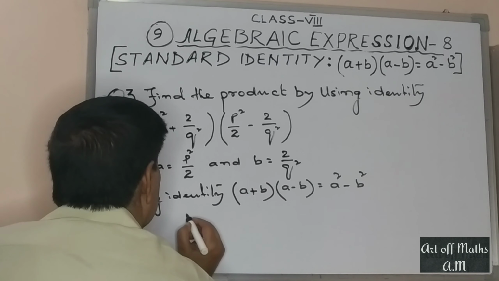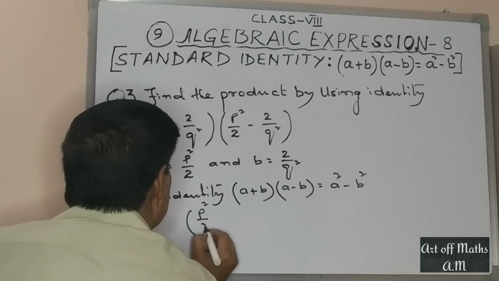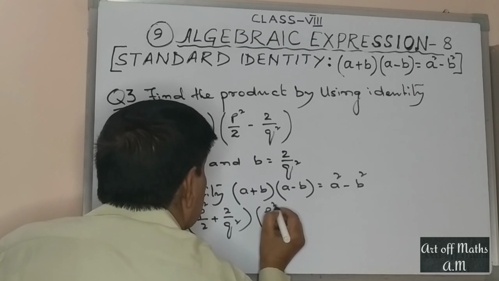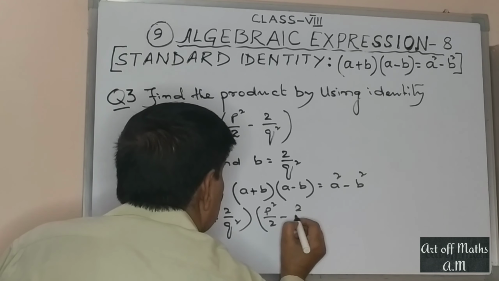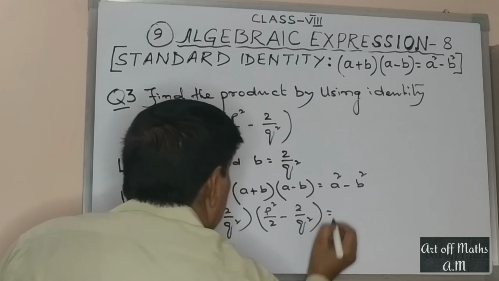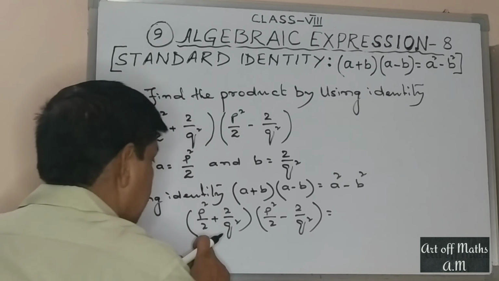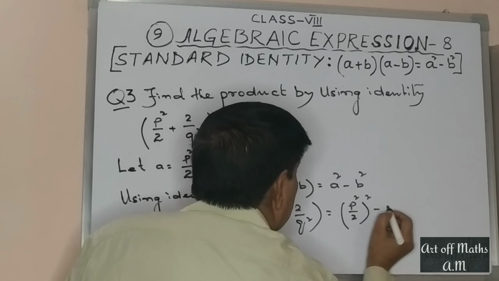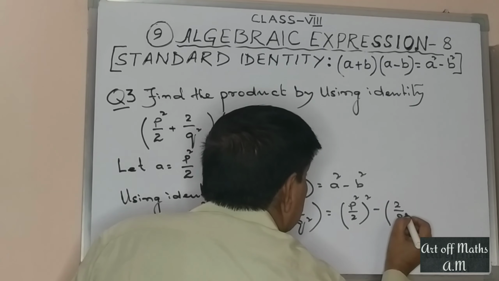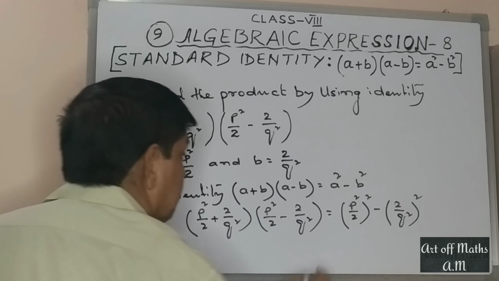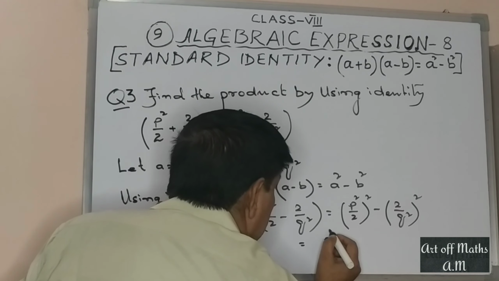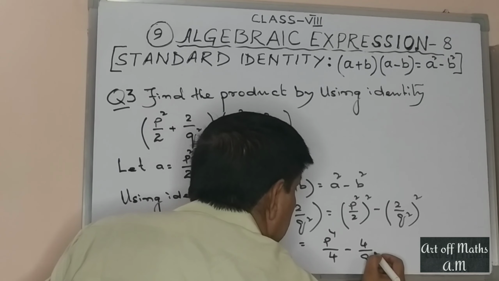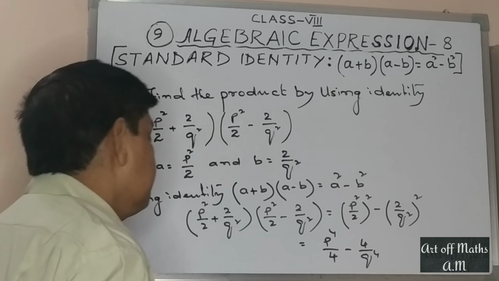We have (p square by 2 plus 2 by q square) into (p square by 2 minus 2 by q square). The square of the first element, that means (p square by 2) whole square, minus (2 by q square) whole square. That means we will get p to the power 4 divided by 4 minus 4 by q to the power 4. This is the required answer.